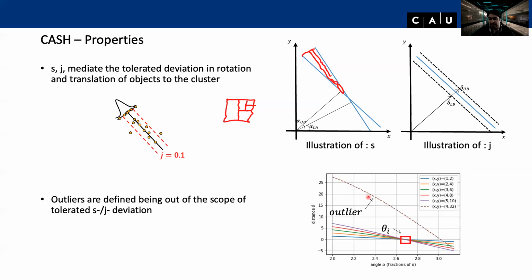An outlier is considered as one if it is outside the tolerated deviation or the scope of S and J. Since this one particular point is outside of this red box, it is considered as an outlier. Because it is far off from that object, it would be something like here or here. It is not within this scope of the jitter J or the number of bisections of this deviation that we have here.